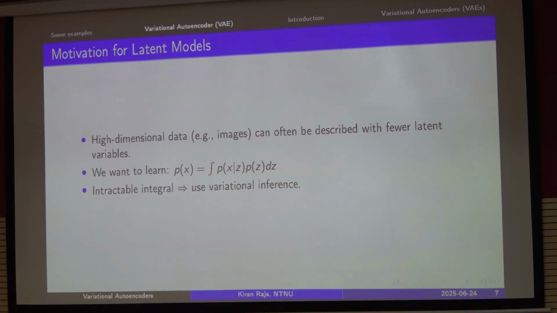Those of you who have done mathematics courses before know that some of these integrals are intractable, which means it's very difficult to come to a solution. That's why we go for variational inference. I'll talk a bit about variational inference in a short while.